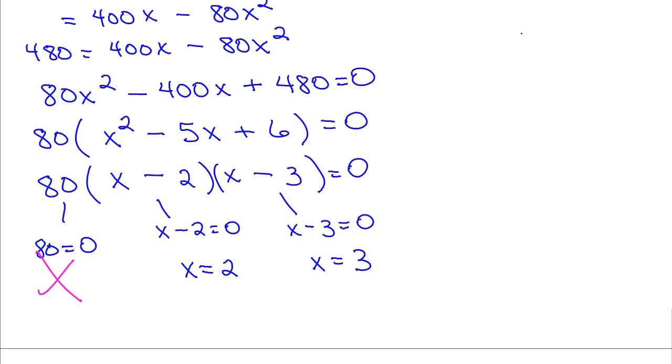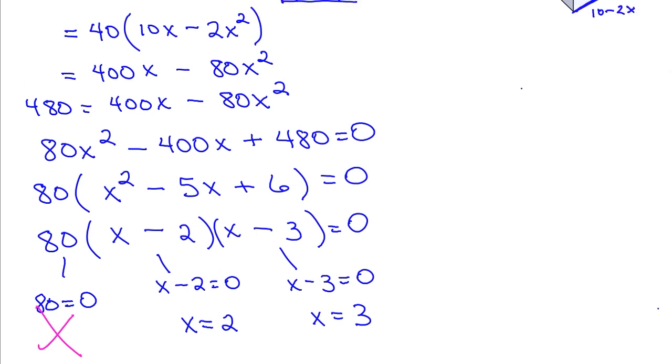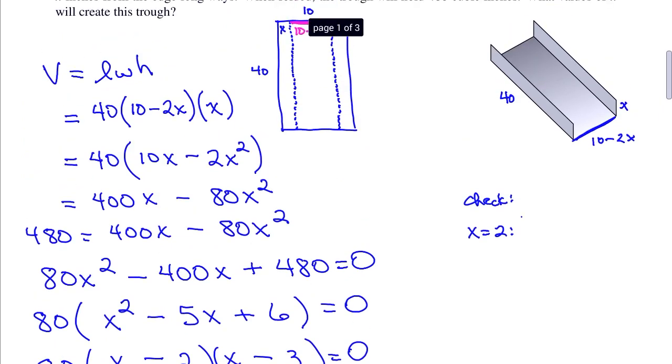Now, dealing with these application problems, and particularly geometric problems like this, we do need to check to make sure these values are valid. So I'm going to check both of them. So first off, x equals 2. When x is equal to 2, mainly what I need to check is to make sure I can actually form the width of this box.